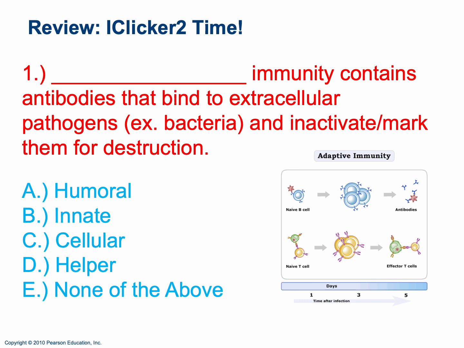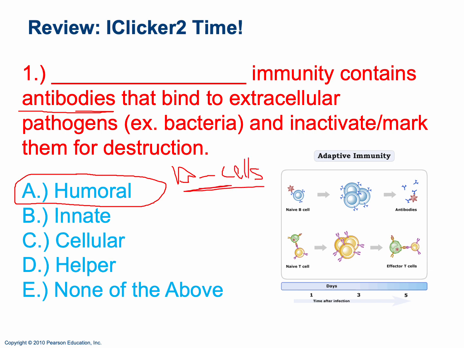Okay, and the correct answer for this question here, I would go with choice letter A. Letter A is the correct answer. Humoral immunity. Because, of course, this is referring to antibodies and referring to, of course, B cells, right? B cells.